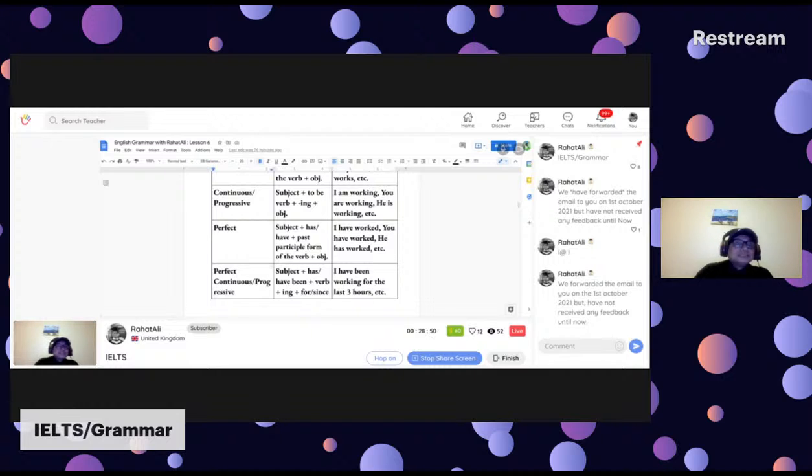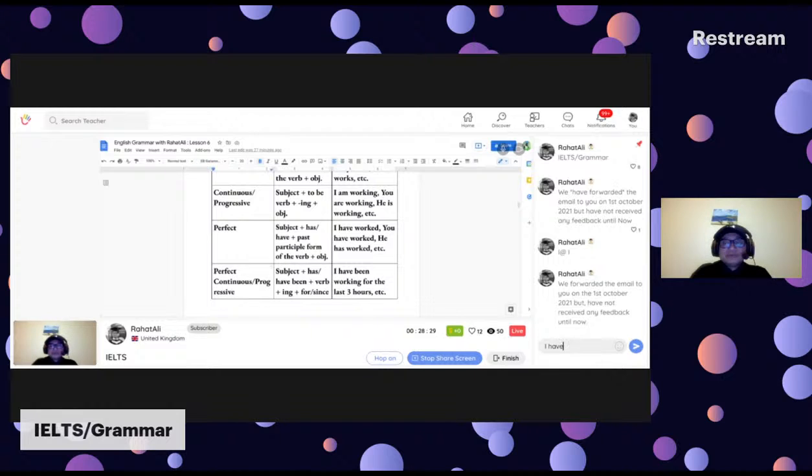Another common example of present perfect tense is an action performed during a period that has not finished yet. Like, I have been to the cinema twice this week. Have you ever been to London?